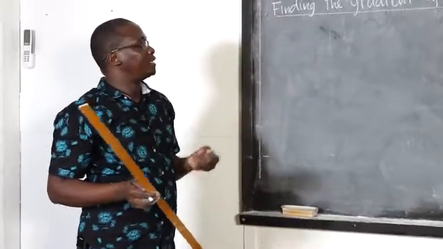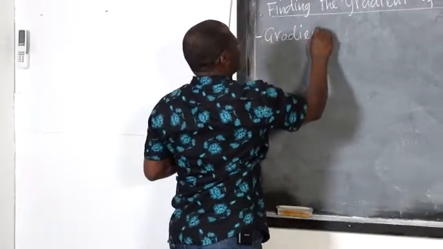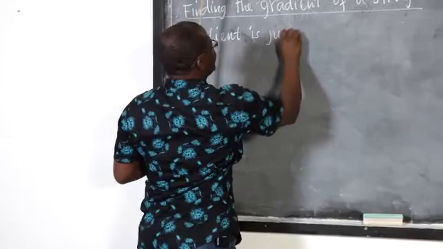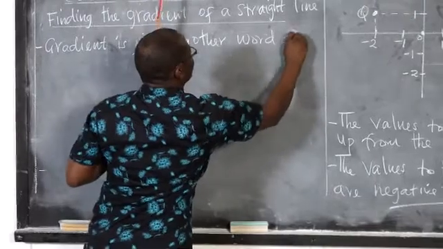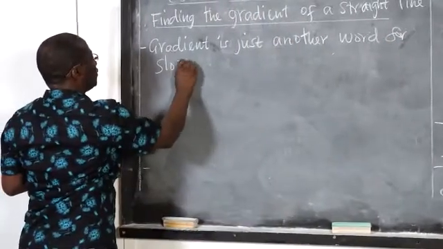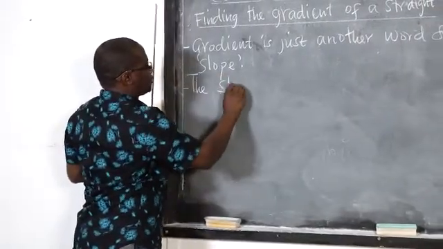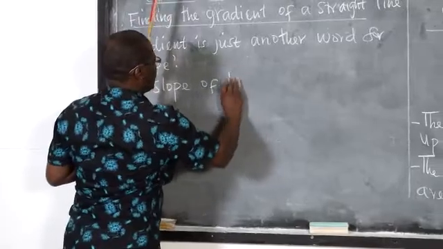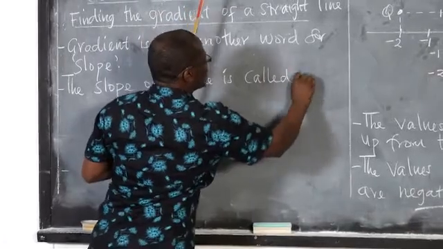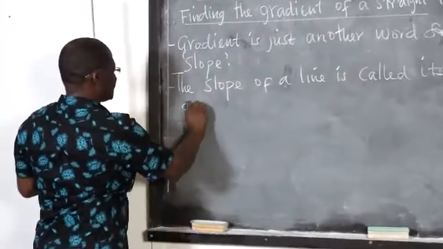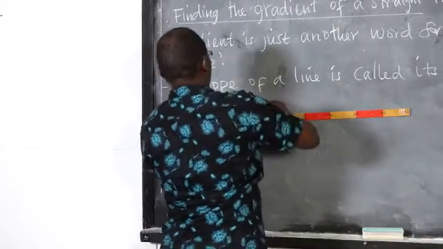So the slope of a line is called its gradient. It is very important to note this.